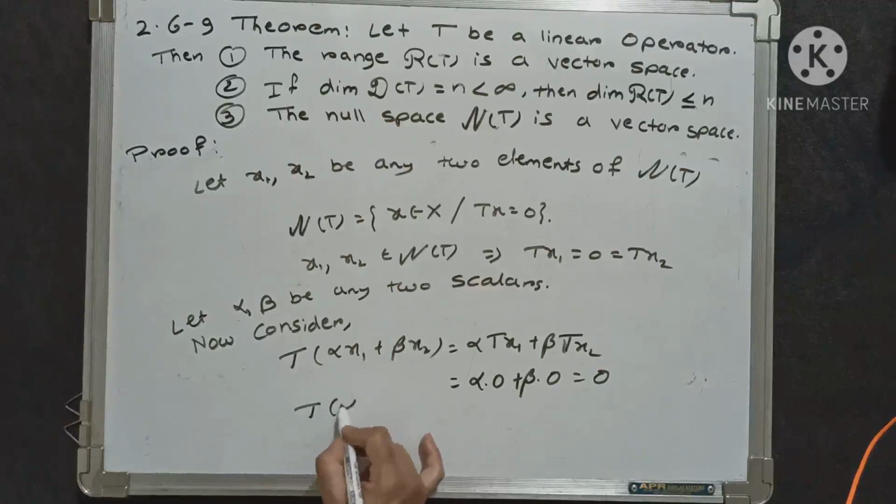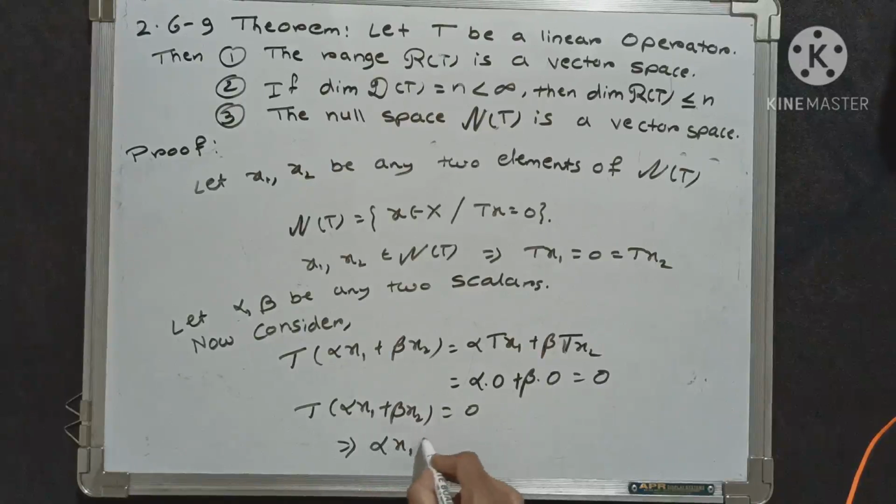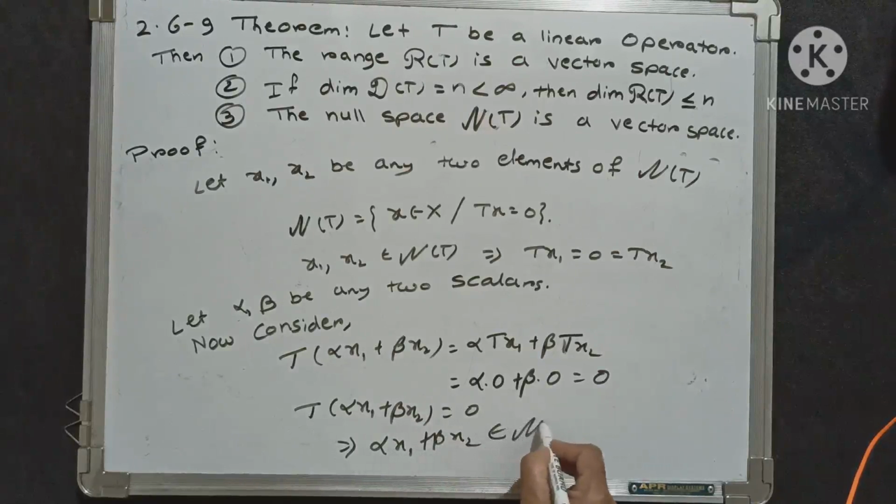That means T of alpha x1 plus beta x2 equals 0, and this implies that alpha x1 plus beta x2 is also an element of the null space N(T), and therefore the null space N(T) is also a vector space. In this way we prove the theorem about the range and null space.